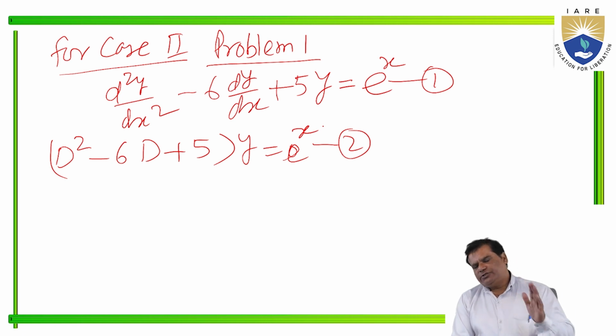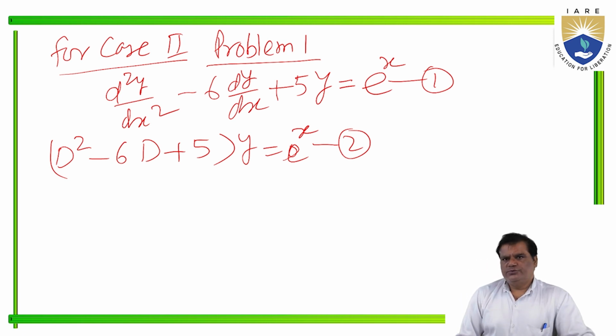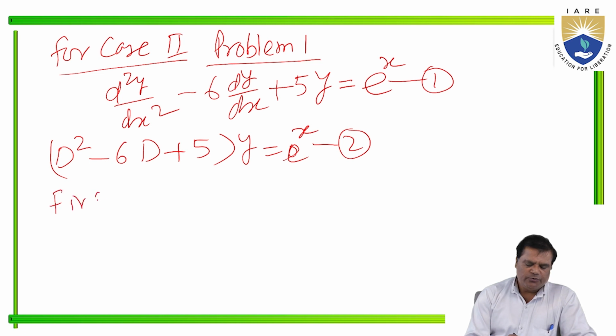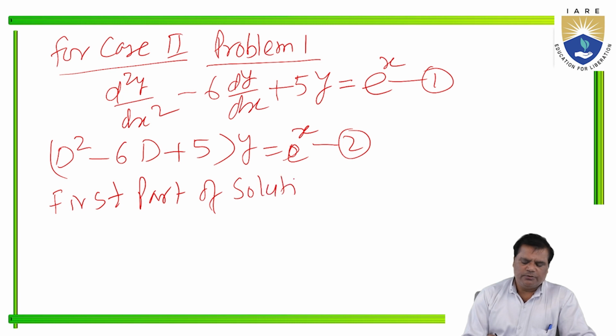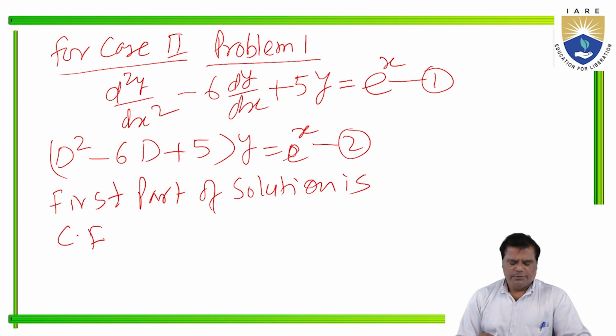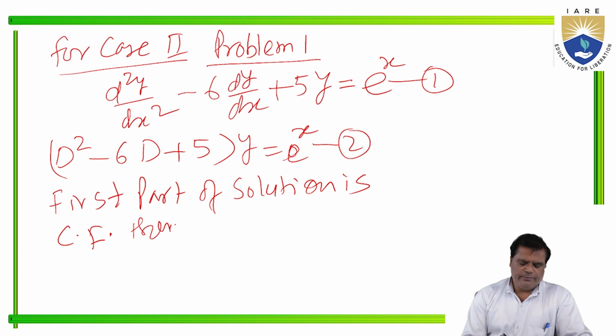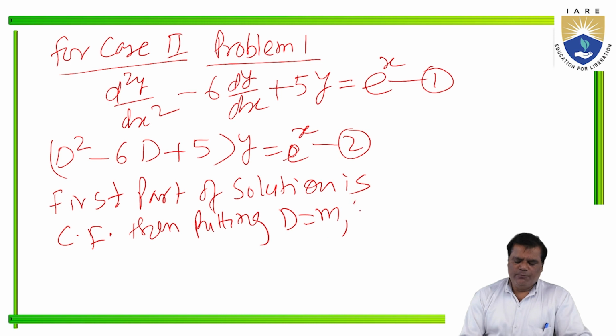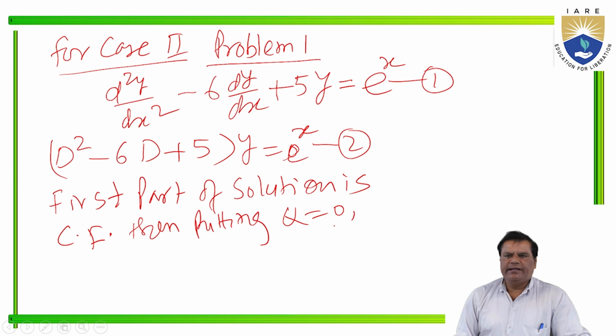Now, first of all, we find the first part of the solution, which is the CF, the complementary function. To find CF, we put q equal to 0, taking the right hand side as 0.